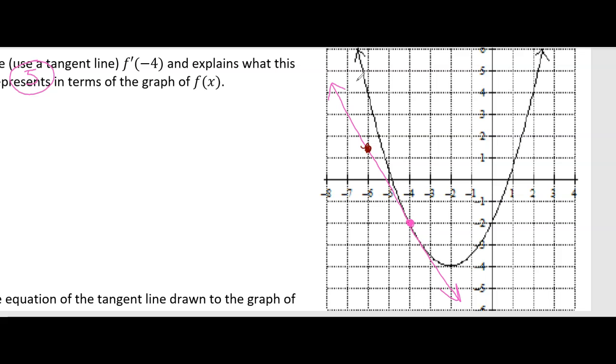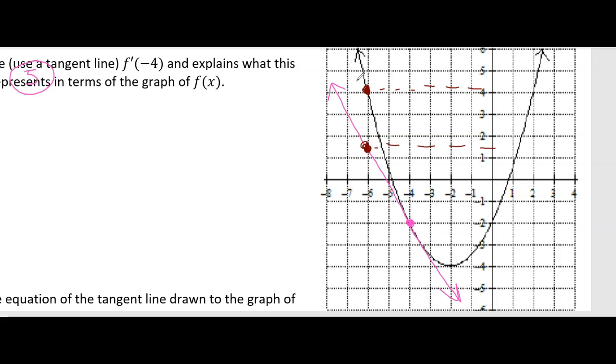Okay, notice that this value on the tangent line is not very close to the actual value here, right? The value on the tangent line is about 1.5, whereas the actual value of the function is closer to 4. So using the tangent line here for x equals negative 6 would be a very poor estimate.